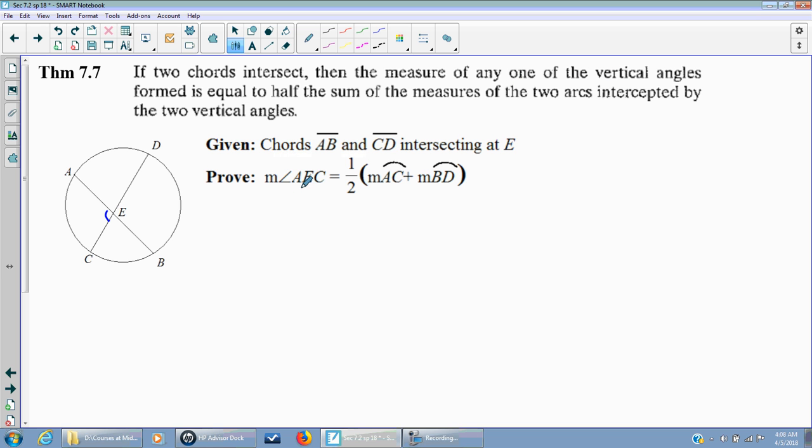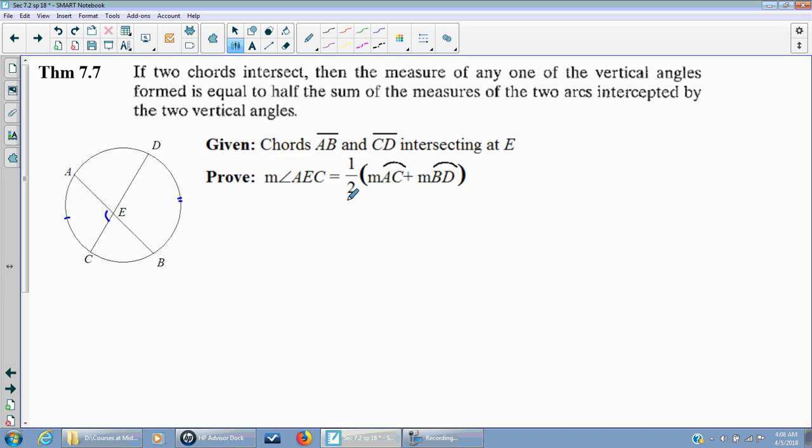I want to show that the measure of AEC is 1/2 the measure of this arc plus the measure of that arc, which would work the same for angle DEB. Now, if I was looking at angle AED, I'd be looking at the two arcs from AD and CB.